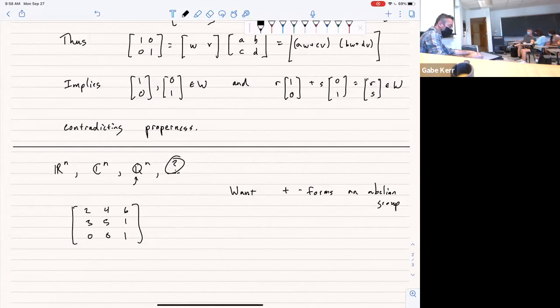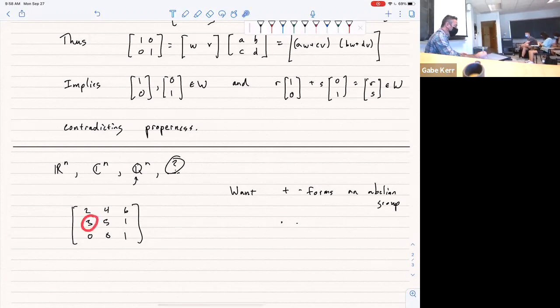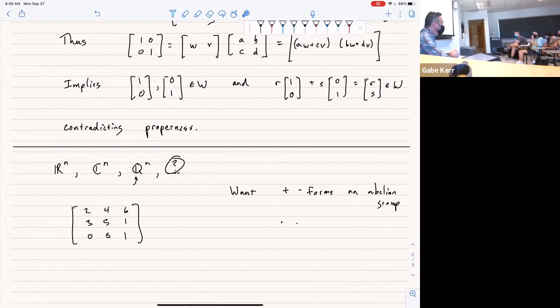Now we also want a multiplication, which we'll just call multiplication. This should also be an abelian group, right? We don't want to worry about commutativity, at least with the entries. It's one thing to worry about the commutativity of the actual matrices, but not with the entries.